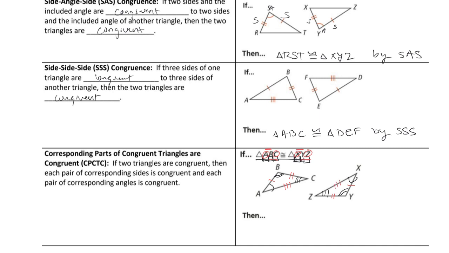So we can write it: angle A is congruent to angle X, angle B is congruent to angle Y, and angle C is congruent to angle Z. And then the sides: AB is congruent to XY, BC is congruent to YZ, and AC is congruent to XZ.